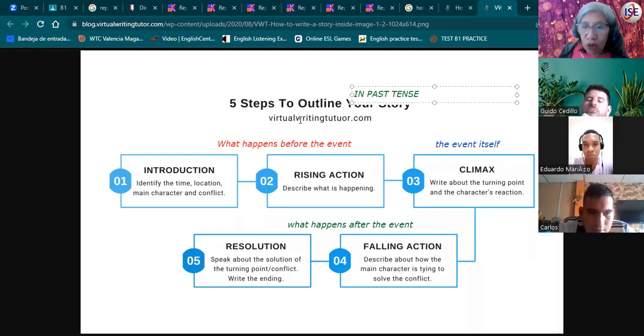When you tell a story using this schema for beginners, we always write the stories in past tense. Simple past, past progressive, past perfect, okay? Always in past tense, never in present, never in future.